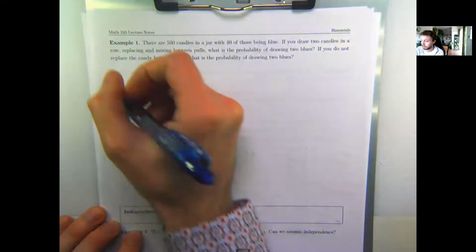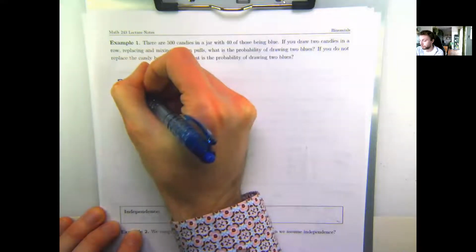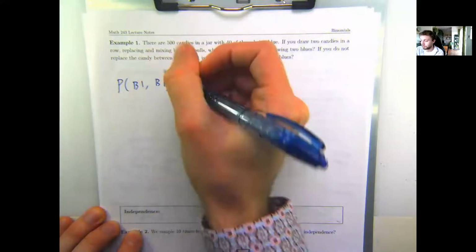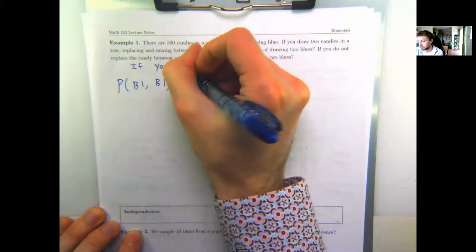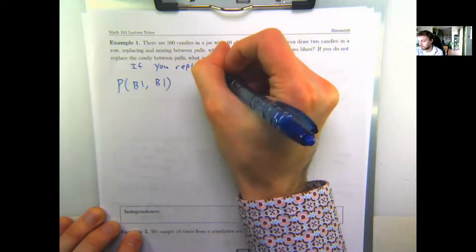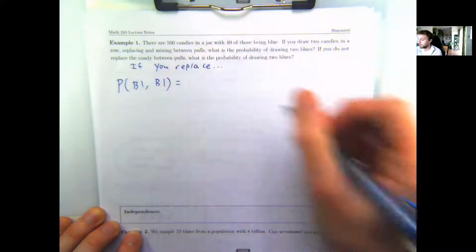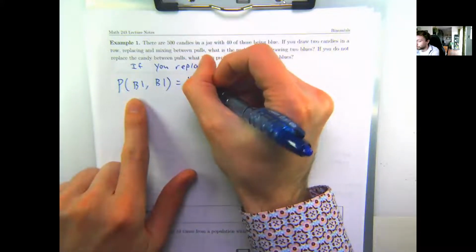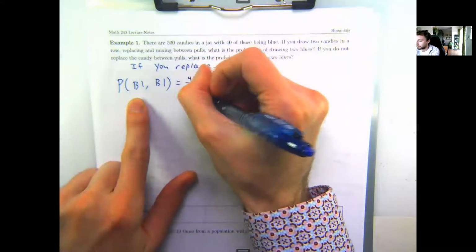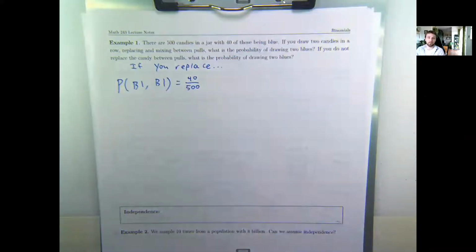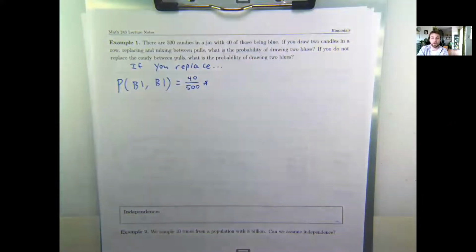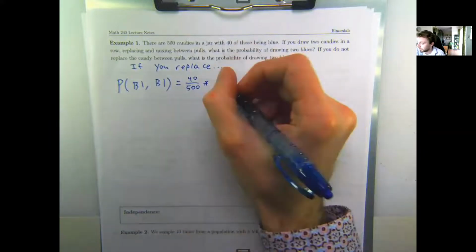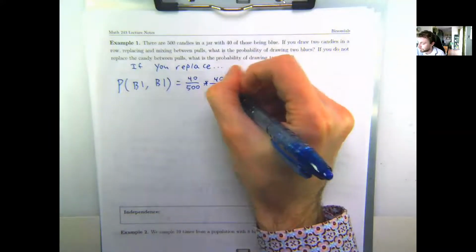You could draw out the tree, but if you're looking for blue and then blue, if you replace, then for the first pull, 40 are blue out of 500 candies. You put that back in, you mix it up. So when you're multiplying this next probability, this next branch in that tree, it would still have the same number of candies, 40 out of 500.